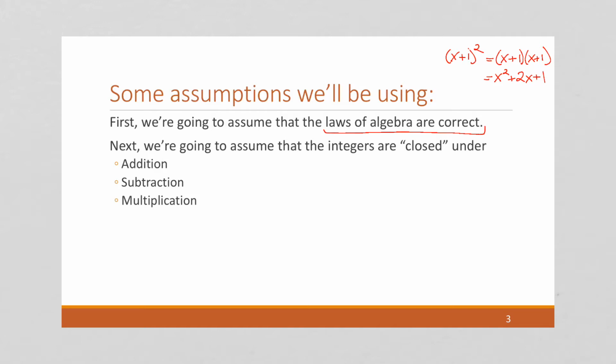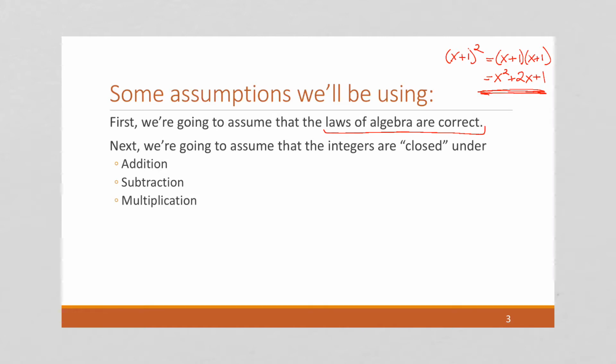Remember how I said earlier that a proof is a story where every step you have to justify? Well, we're going to assume that things like this, simple algebra, don't need to be justified, that they are understood by all, that they are correct, that we don't need to explain it.